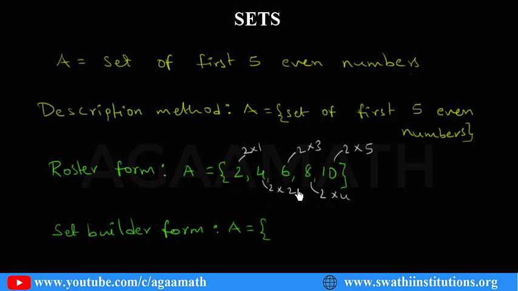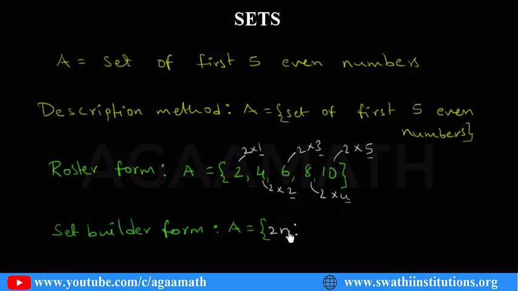Or generally we can say that these numbers are like 2n, because even numbers algebraically we can write as 2n, such that, which indicates what form they are. 2 is common. I have taken a variable where the value is getting changed here.